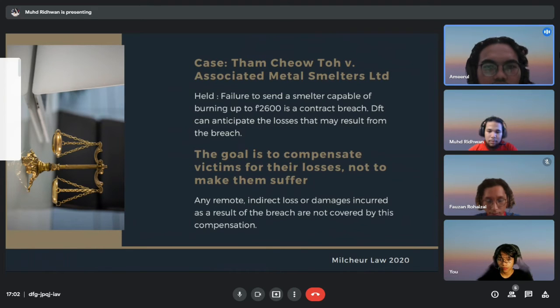So the defendant can anticipate the losses that may result from the breach. The goal is to compensate victims for their losses, not to make them suffer. Any remote, indirect loss or damage incurred as a result of the breach is not covered by this compensation.